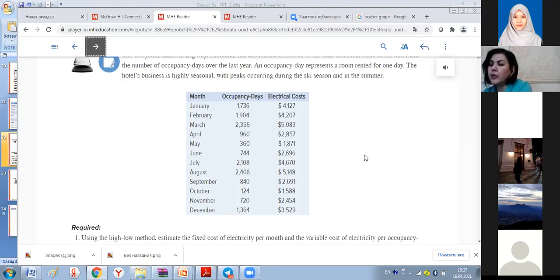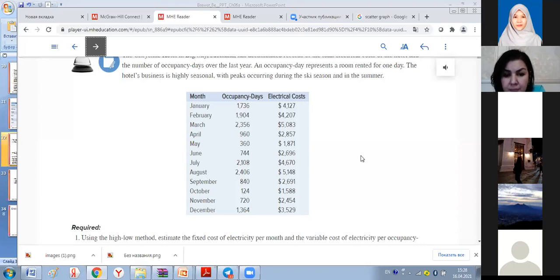So how do we calculate the high-low method? Change in cost, we divide by the change in activity level, right? Change in cost, we divide by the change in occupancy days, in our case. First of all, define in which month there was a low level and in which month there was a high level of occupancy.